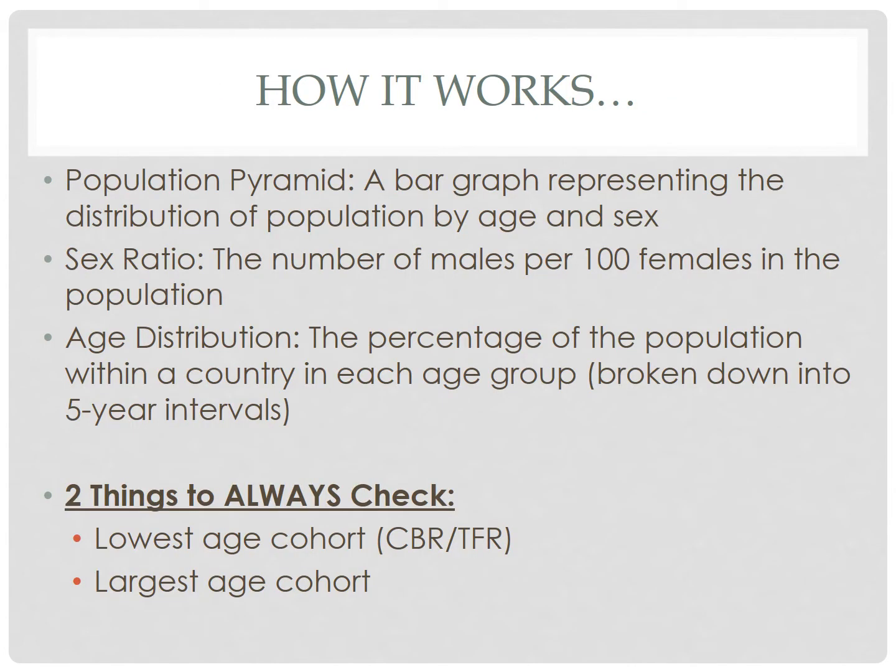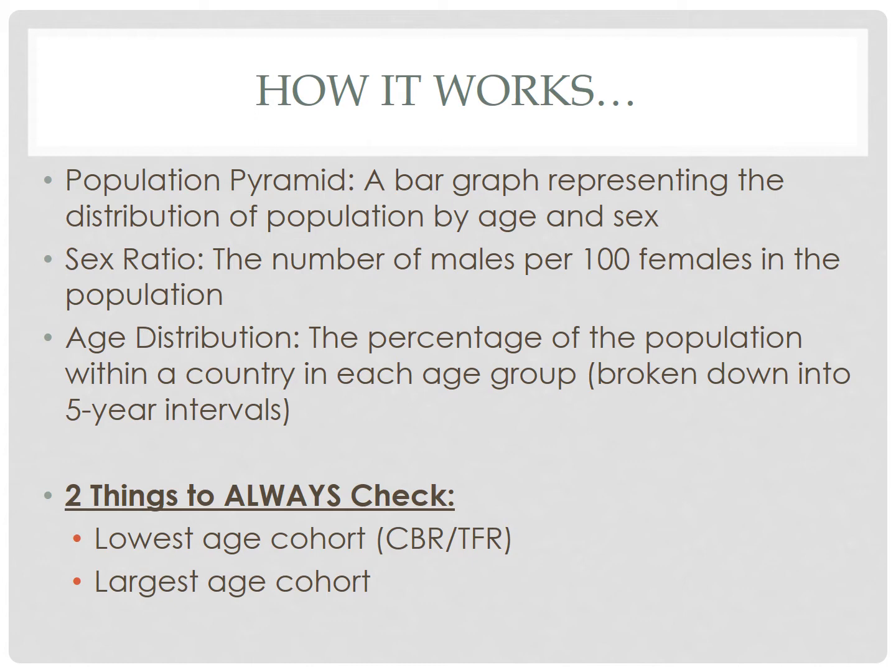Let's start, though, with a couple of definitions just to get that out of the way. A population pyramid, by definition, is a bar graph representing the distribution of a population by age and sex. So we can analyze a lot of different things with this. One of those things is the sex ratio. Sex ratio, by definition, is the number of males per 100 females in a population.